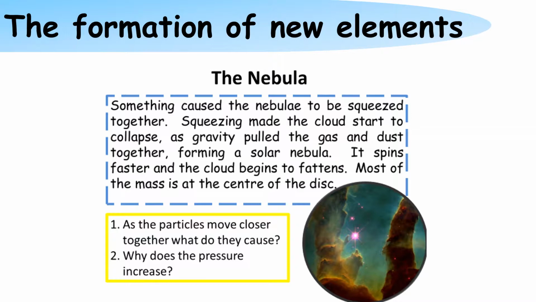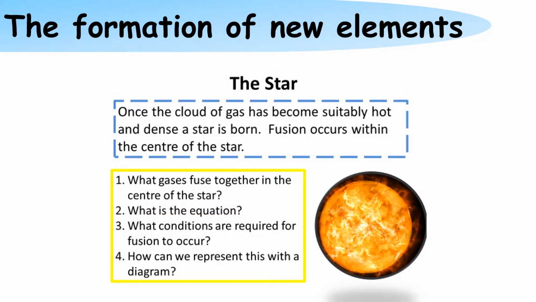It spins faster and faster, which means that the gases in the middle of it got denser and gained more energy until nuclear fusion could take place. Once the cloud of gas becomes suitably hot, then fusion takes place and a star is born.